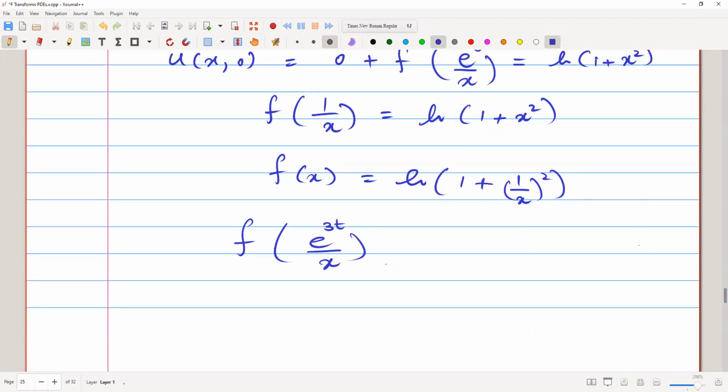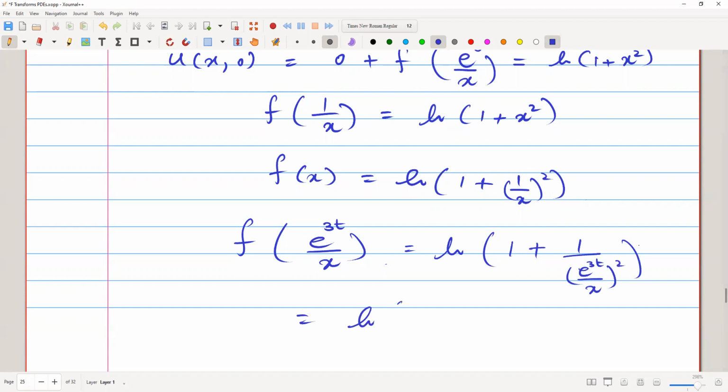Therefore, if we need f of e to the power 3t over x, we can simply write ln(1 plus ...), we have 1 over x, so instead of 1 over x we can write e to the power 3t over x squared.